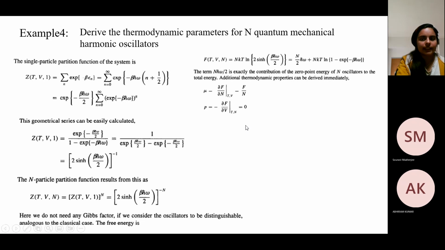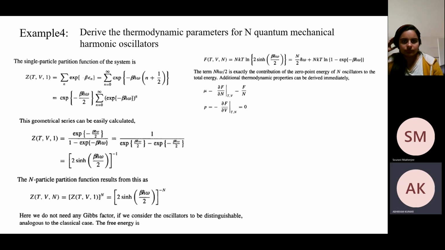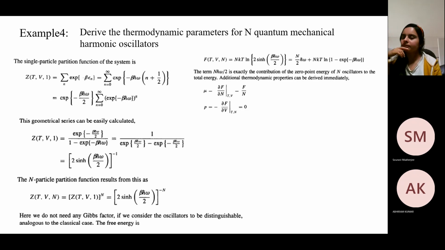Can you tell me what could be the physical significance of pressure being 0 here? Any idea? Okay, I am thinking.